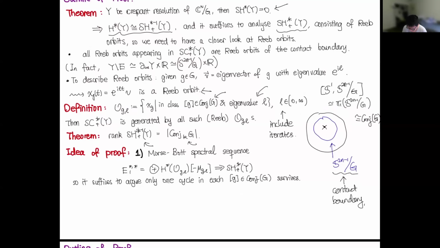This is the general way we do symplectic geometry, where if you want to compute symplectic cohomology, instead of using the Morse model, you might want the Morse-Bott model, where you look at the set of all possible Reeb orbits.